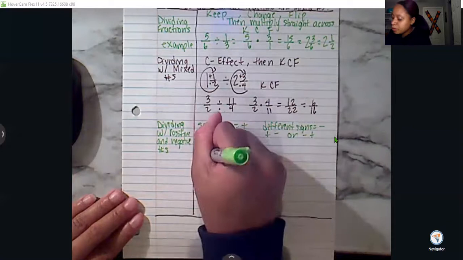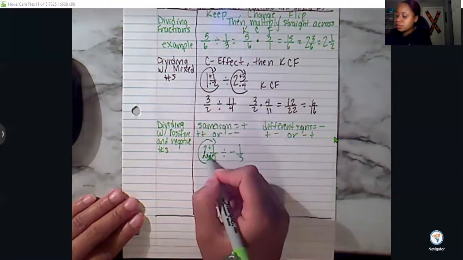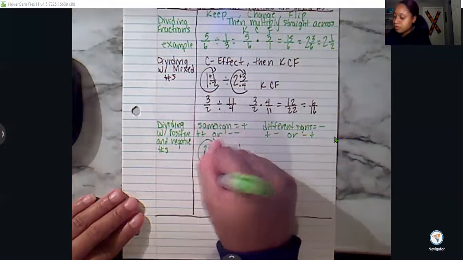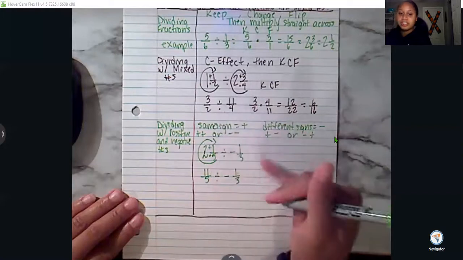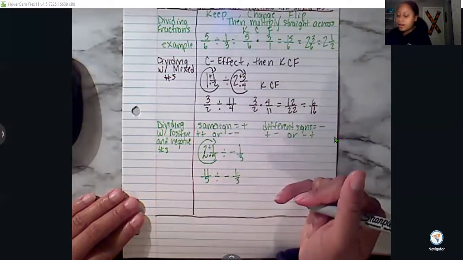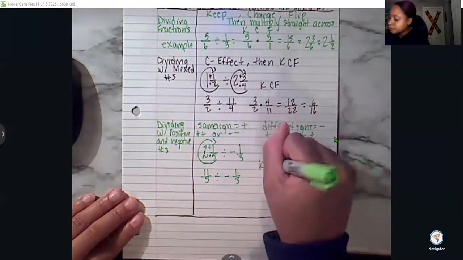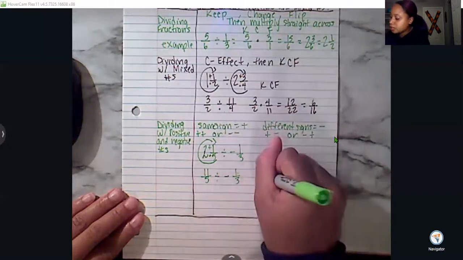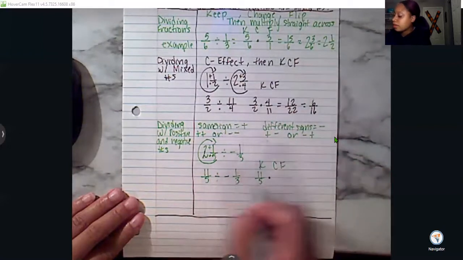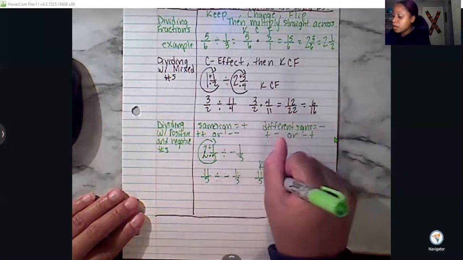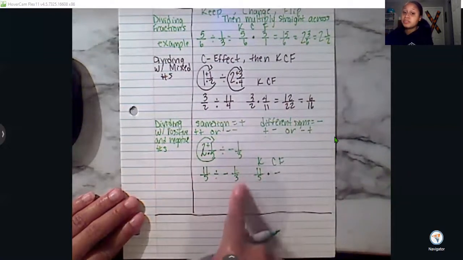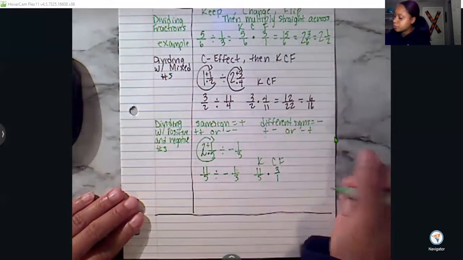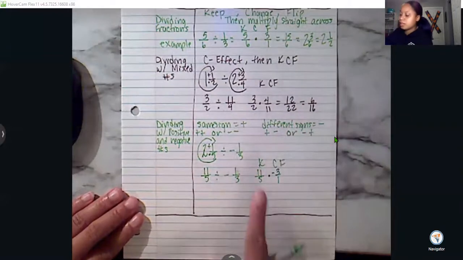For 2 1/5, multiply, then add: 5 times 2 is 10, plus 1 is 11/5, divided by negative 1/3. Remember, we don't have to change anything about 1/3. Same thing, KCF. Keep the first fraction, 11/5, change to multiplication, and then flip the second fraction, keeping the negative symbol: 1/3 becomes 3/1. Don't forget to keep your negative.